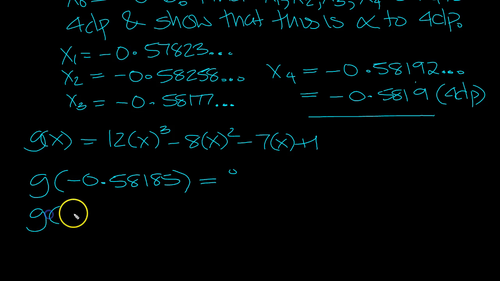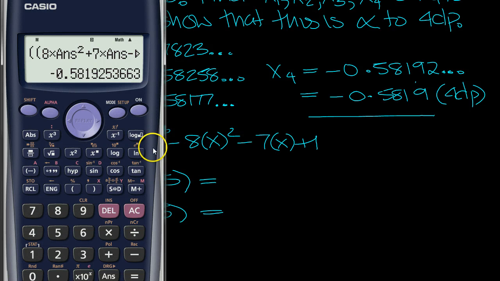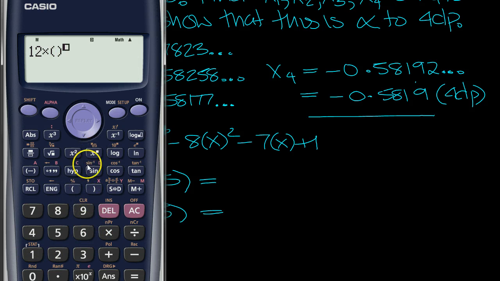And we'll need g of minus 0.58195. And if it changes sign, we'll know there will be a root to 4dp equal to minus 0.5819. So we'll need to tap that in the calculator then. 12x cubed, so it's 12 times x cubed minus 8 times x squared minus 7 times x plus 1. That's what I think it is.